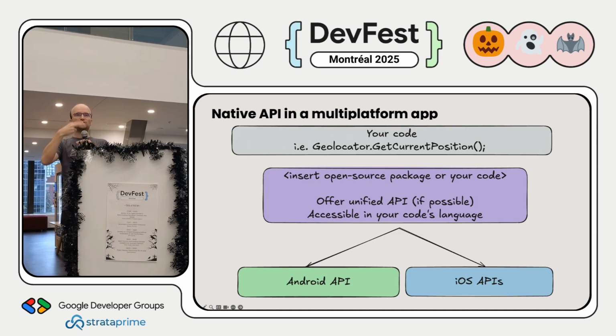But under the hood, there's likely a library or someone that already made an NPM package or a pub.dev package that unified those APIs for you and drew the common denominator between them. It also creates the interop with the native language to access the API, and we'll see soon how it differs from one framework to the other.